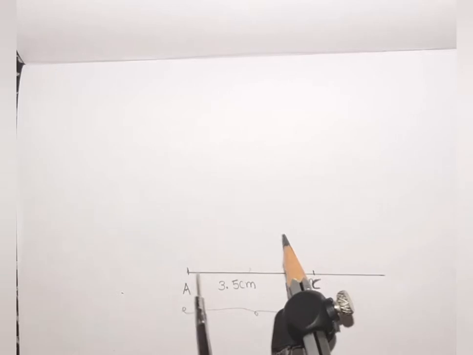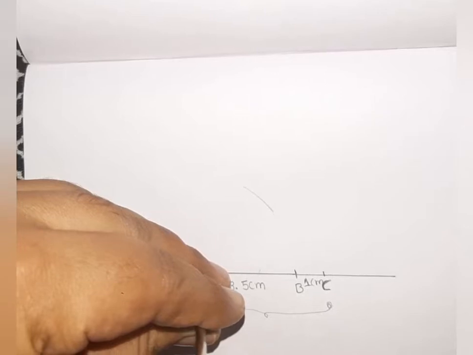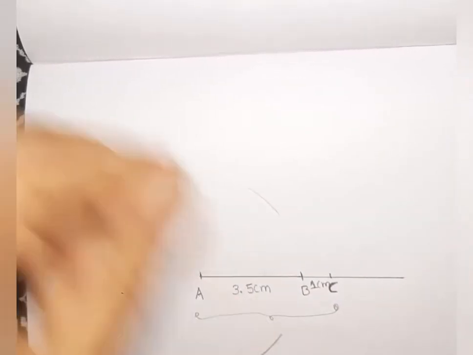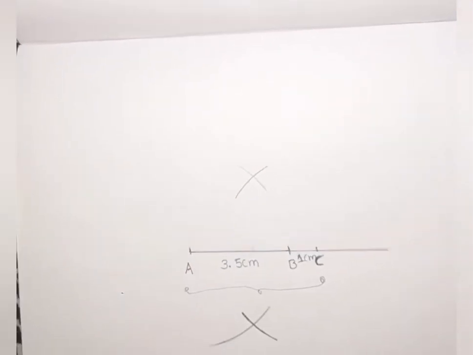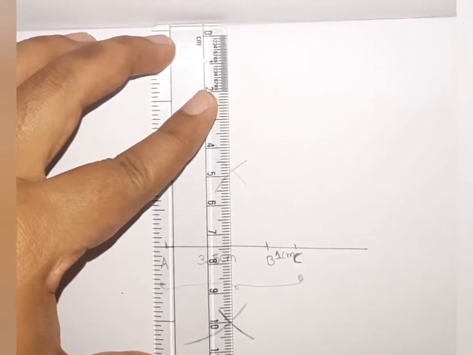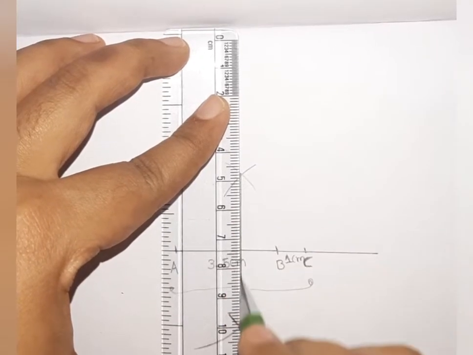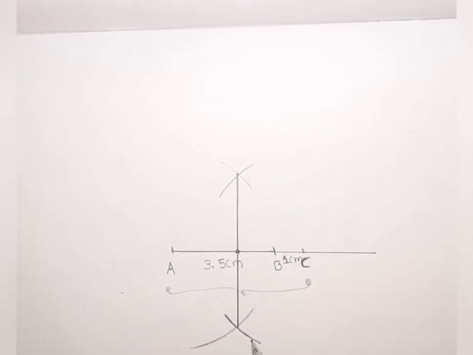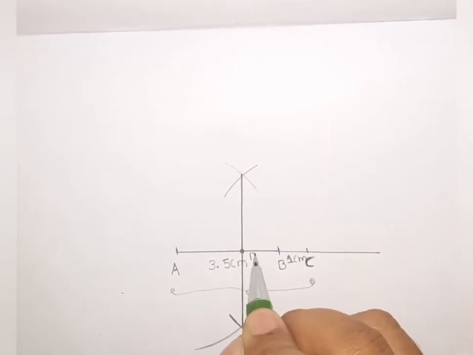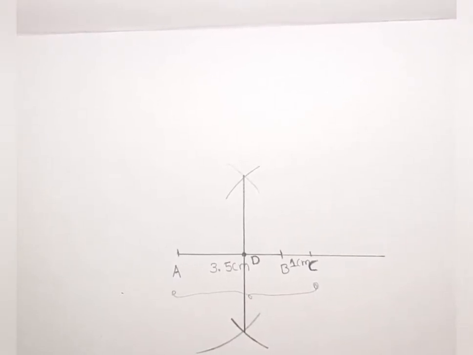With this, draw arcs to both sides of your AC line, once from A point and once from C point. Join these two arcs through a line segment. Wherever your bisector is meeting, name this point as D. This is the midpoint of your AC line segment.